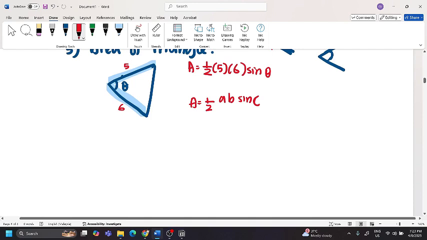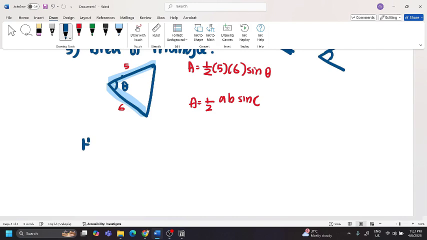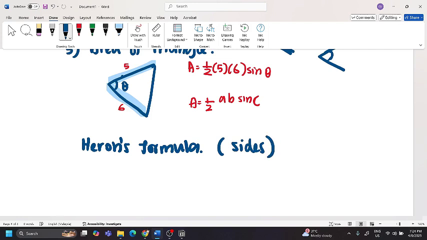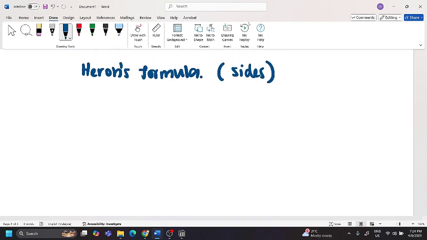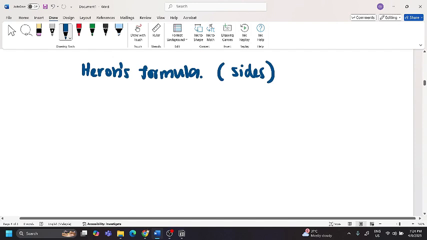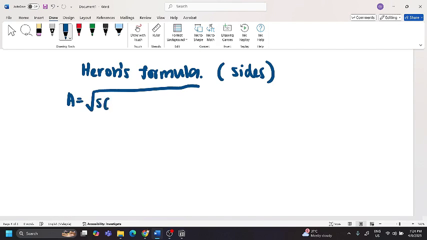Another way of finding the area of a triangle is Heron's formula. When do you usually use this? When they ask you to, and when there's no angle at all, only the side lengths provided. Heron's formula is A equals the square root of S times S minus A, S minus B, and S minus C. What is S?